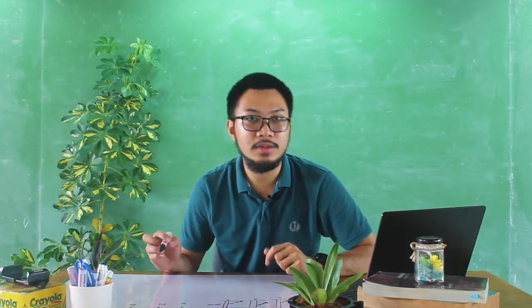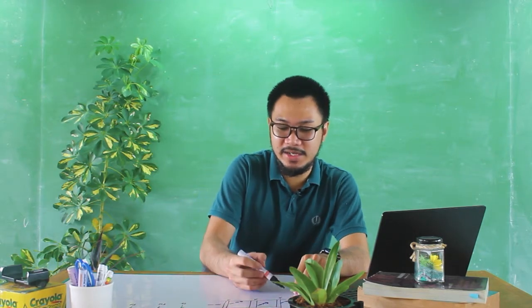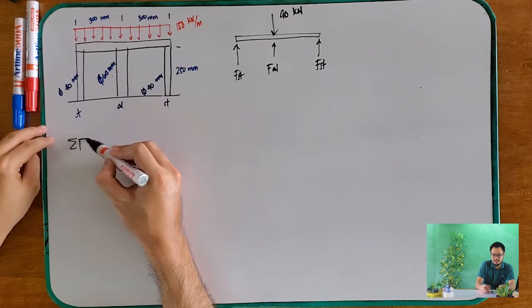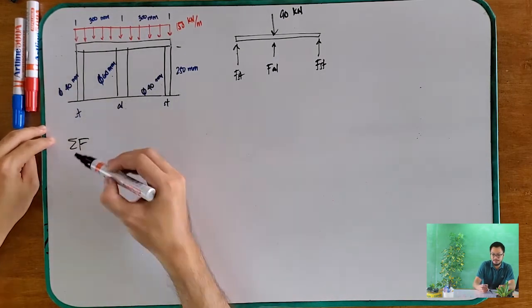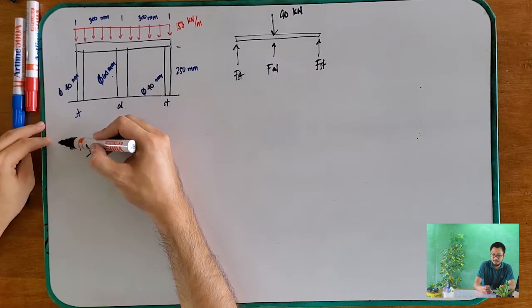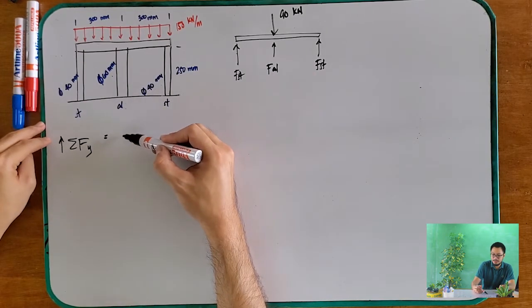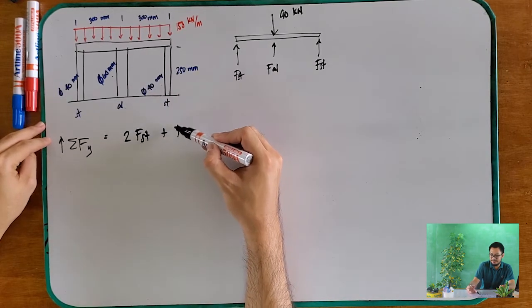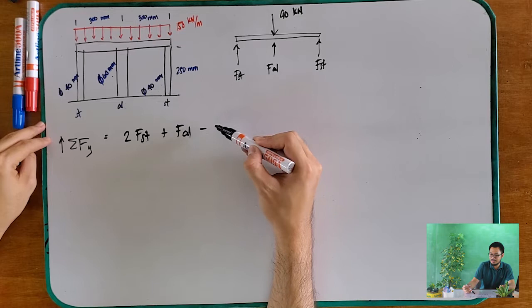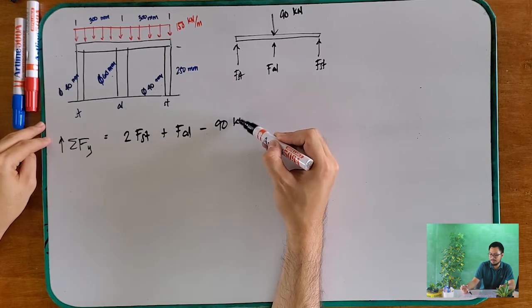Now, so ito yung nabaton, use your equilibrium equations. Summation of forces along the x, wala kay x kay wala x component, so y ta. Going up equals to 2F steel plus F aluminum minus 90 kilonewtons equals to 0.